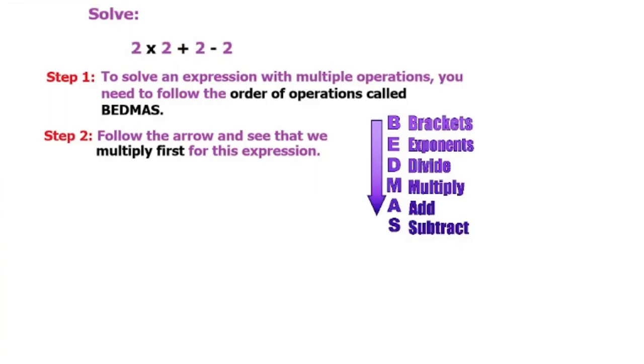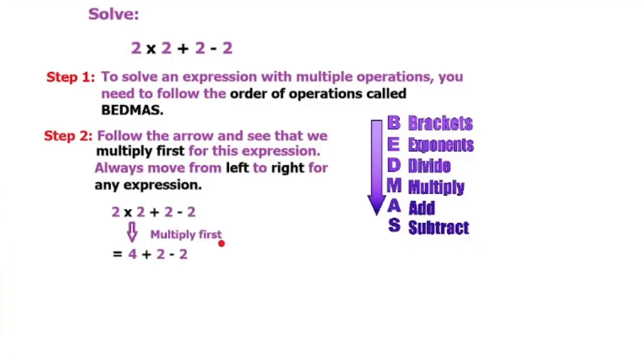And it's important to know that you always move from left to right for any expression. So from left to right, we're going to multiply these two numbers together first. 2 times 2 is 4.